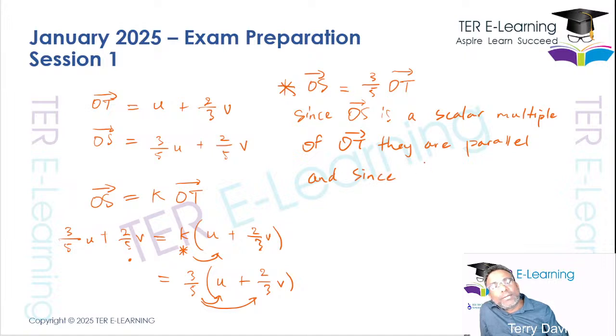And since the point O is common to both vectors, we're going to say that O, S, and T are collinear.